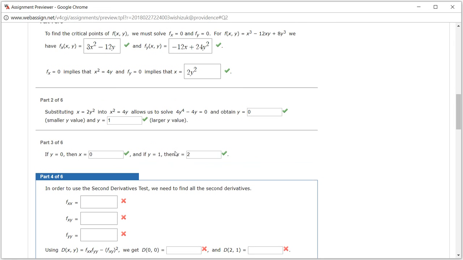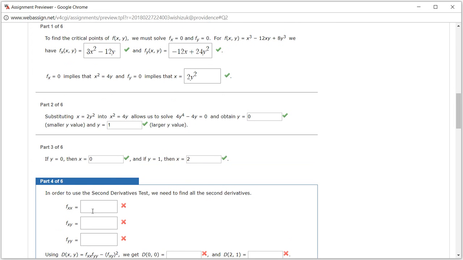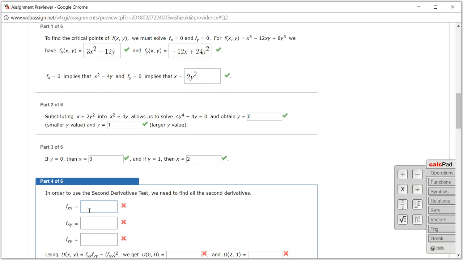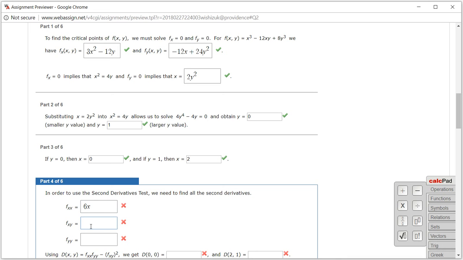Then we have to find the second partials. The first partial is given here, so we take the derivative. We're going to get 6x for that, and the mixed partial, if you take the partial of this with respect to y, you're going to get negative 12.